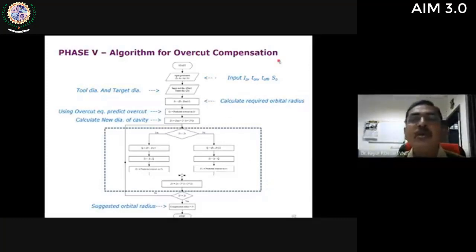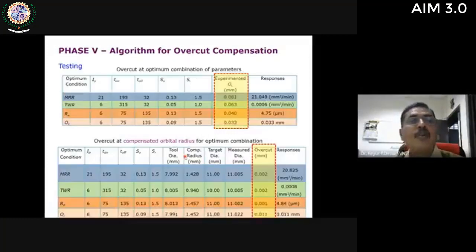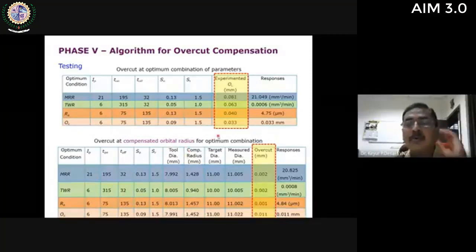So for compensation of overcut, we developed an algorithm using this flowchart, wherein in the same way 85% of data were for training and the rest were for checking.